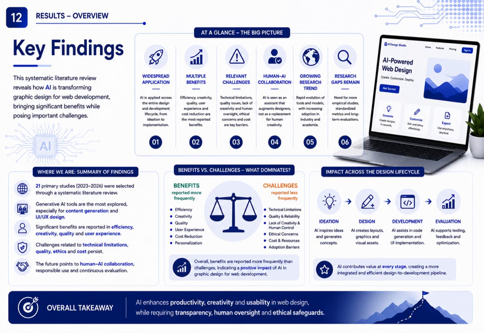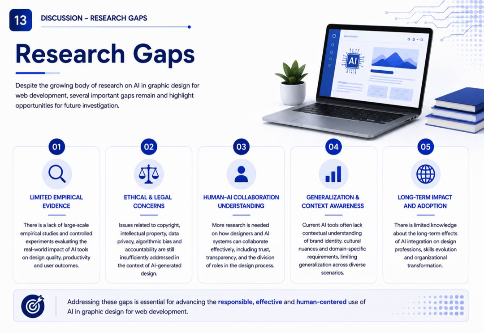Rather than replacing designers, the literature increasingly supports the idea of AI acting as a collaborative partner throughout the design lifecycle. This collaborative perspective appears to be one of the strongest trends identified in recent research.